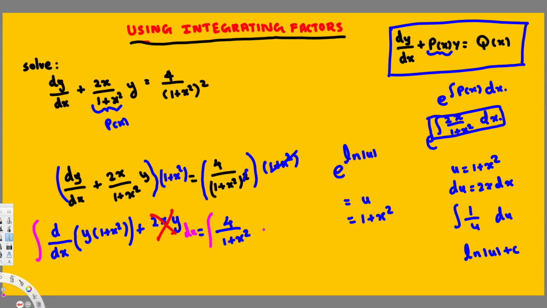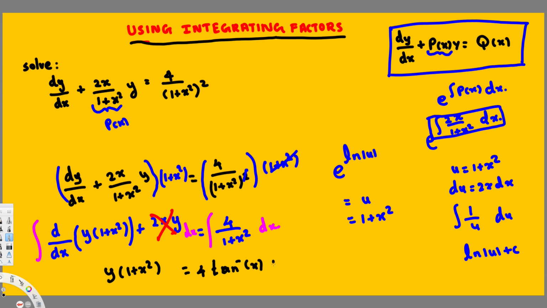Integration and derivative cancel each other, so we will only have y times 1 plus x square on this side. On the other side, let's take the 4 to the front, and this is going to be 1 over 1 plus x square, and the integral of 1 over 1 plus x square is tan inverse x.